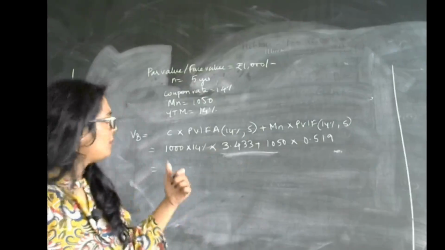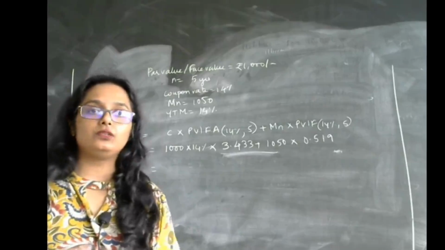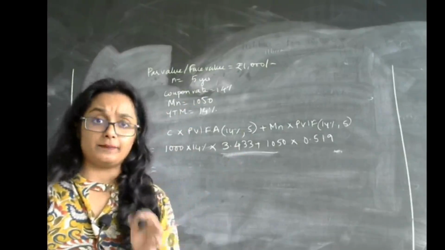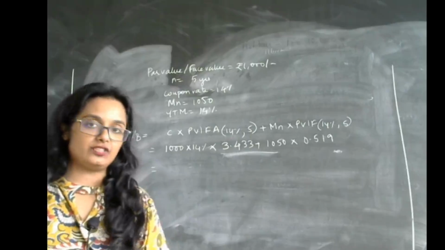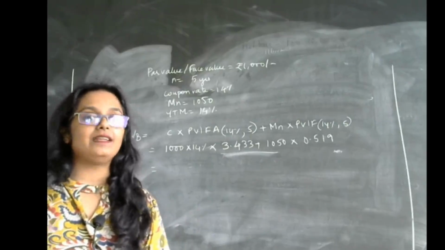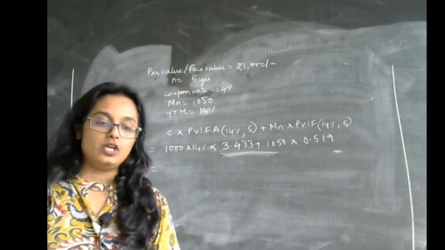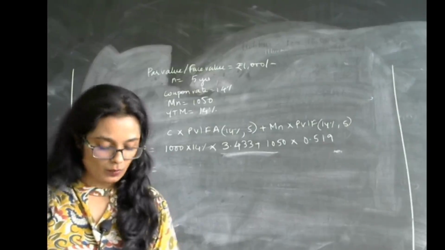Now this formula which I gave you all is for the case where you have all these details, and you can use it to find out the YTM. But in case you don't have all the values which are essential in order to find out the YTM, then you can use something called the trial and error method, or it is also called the interpolation method. So this method you all can use in order to calculate your YTM.